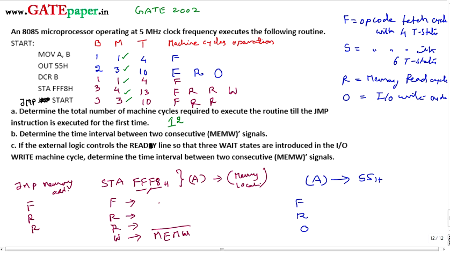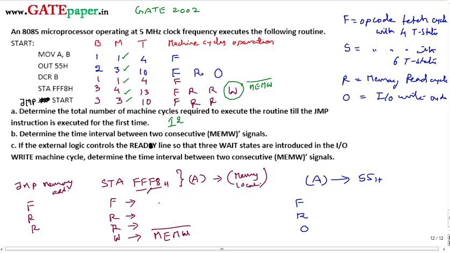Next, determine the time interval between 2 consecutive memory write operations. Memory write operations are going to be performed at STA, where the memory write signal appears at this point. Remember, there is no memory write operation in the rest of the routine. Only one memory write operation is required while executing the STA instruction.